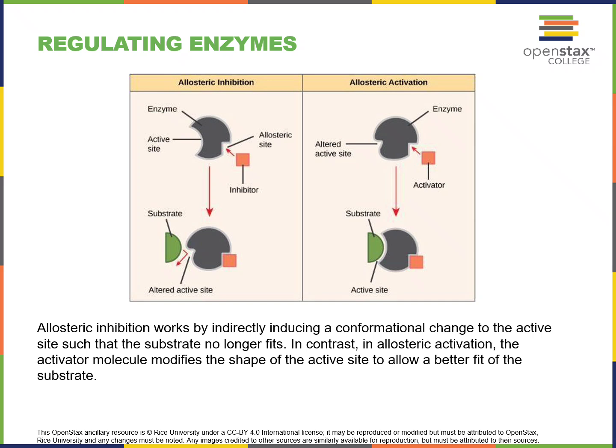When we talk about regulating enzymes, there's a couple of different ways that they can be regulated. So first, allosteric inhibition. This is a process where the enzyme activity is either slowed down or deactivated, and it's usually done by an inhibitor molecule, a molecule that comes in and changes the shape of the active site so that it no longer fits the specific substrate.